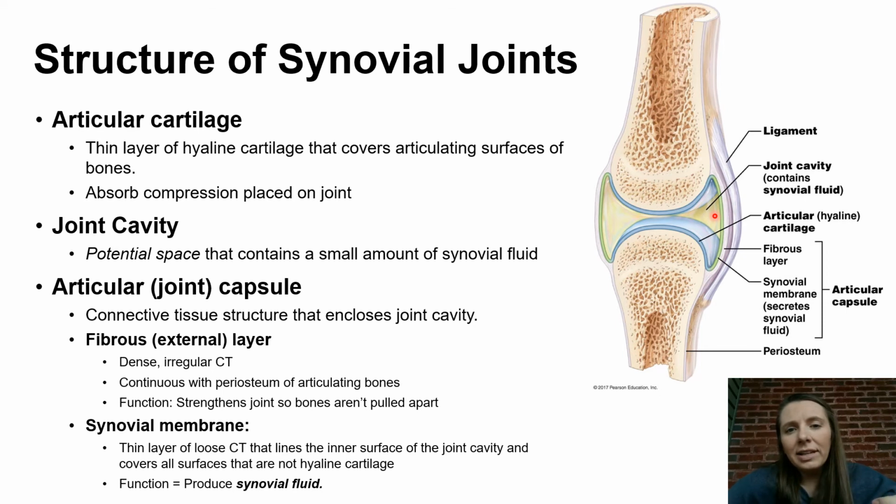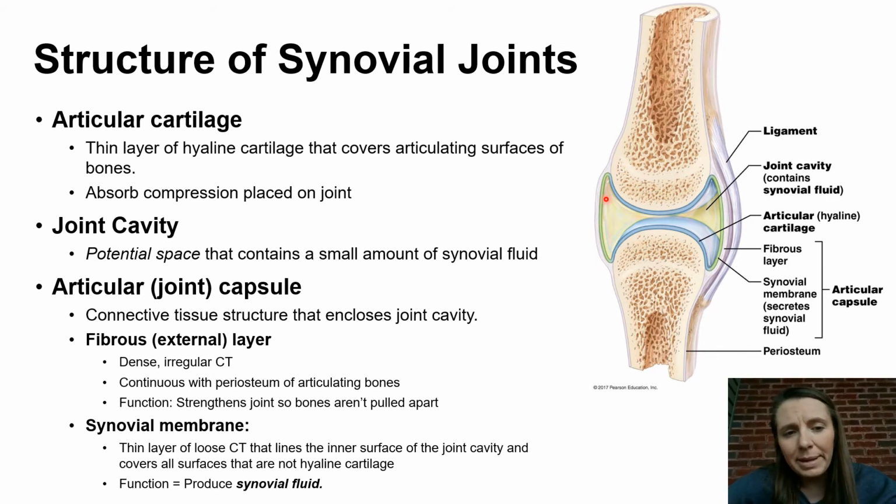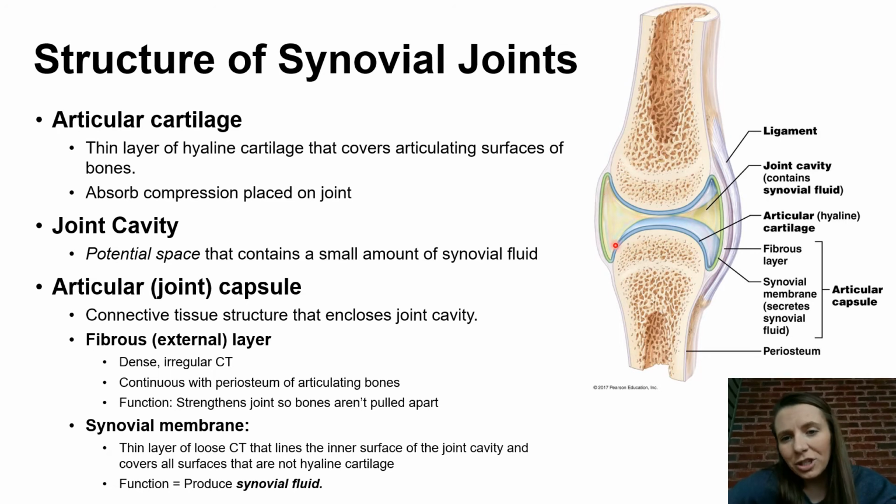The cavity is called a potential space because it's normally almost non-existent, but it can expand if fluid accumulates in this area, like would happen during inflammation from an injury. So just the space within here is called the cavity.